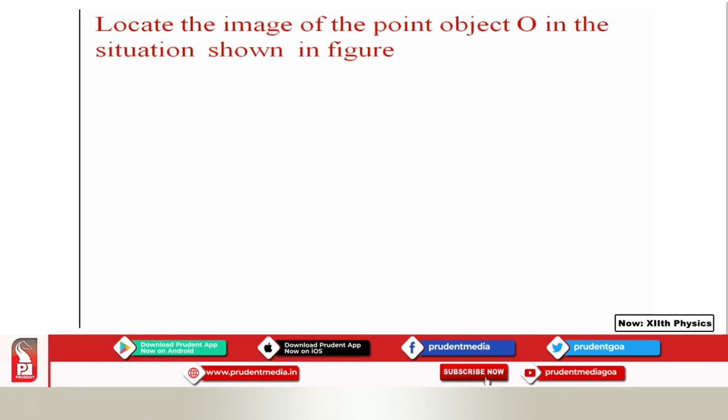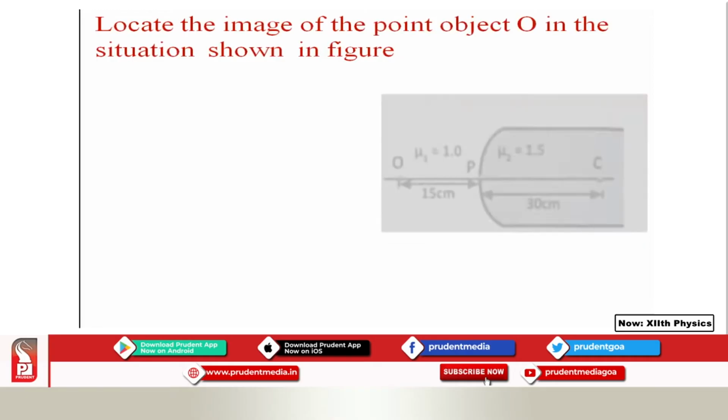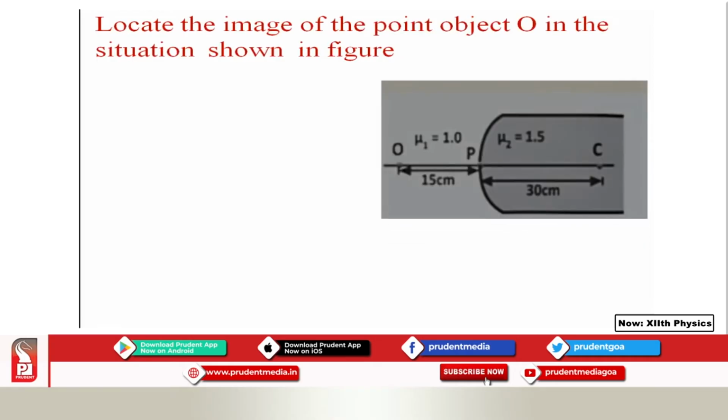Okay, students, so let us solve one simplest problem. Here it is said: locate the image of the point object O in the situation shown in the figure. The figure is given, we have got the object O at 15 centimeters, the refractive index is given as 1, the refractive index of this medium is given as 1.5, radius of curvature is given as 30 centimeter.